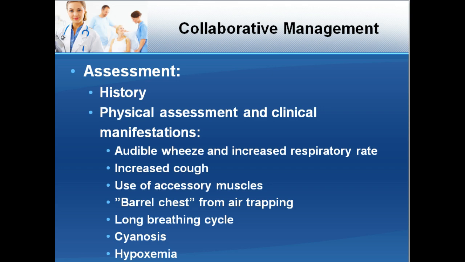You're going to take their history. When you take a person's history, you're going to ask about risk factors such as age and gender, what type of occupation the person may have, and ethnic and cultural background, particularly when you talk about people with COPD.